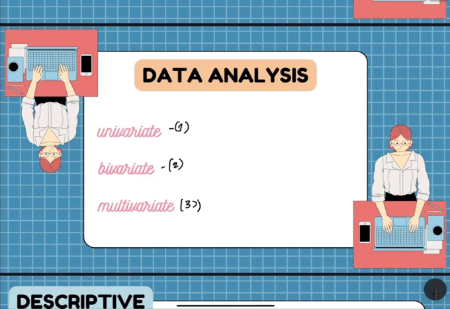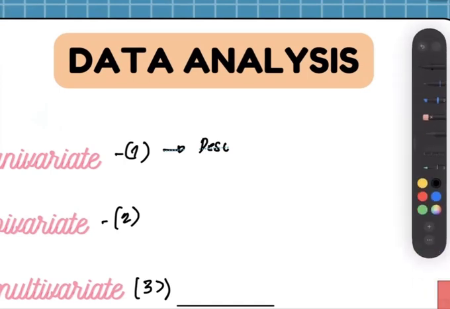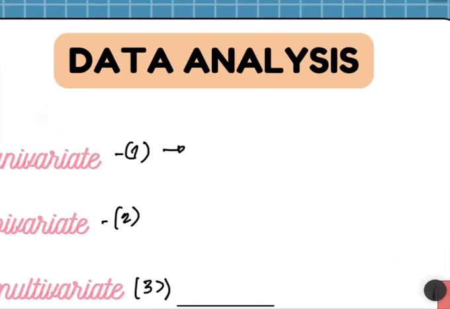So let's try to identify some of the tests that belong to each type of data analysis according to the number of variables. For univariate, it is where we can see our descriptive statistics. We will learn later about the mean, the median, and the mode.